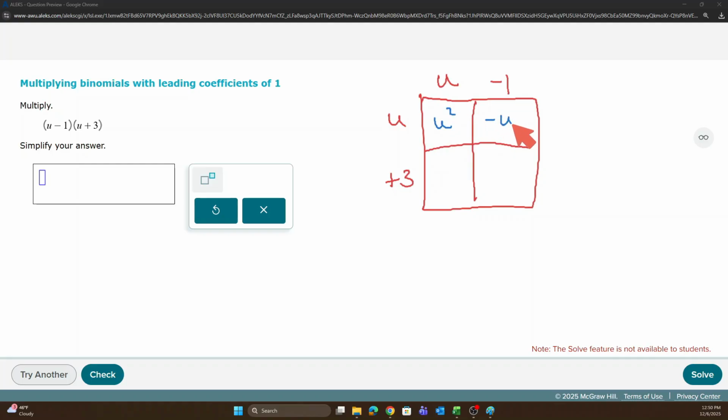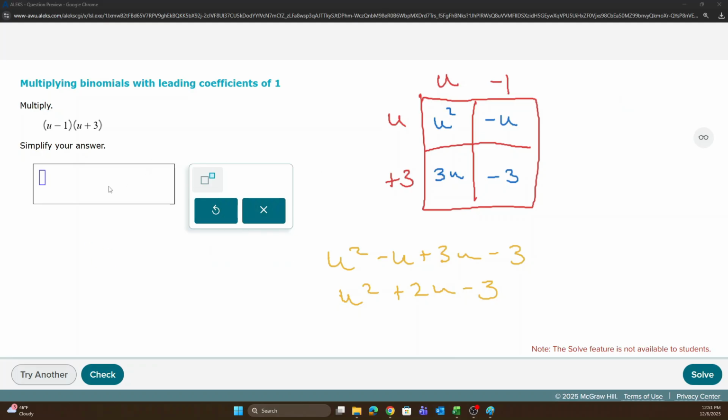This is minus u, 3u, minus 3. And then we're just going to add everything together on the outside. So we've got u squared minus u plus 3u minus 3. These middle terms here simplify down to just 2u. So this is going to be u squared plus 2u minus 3.